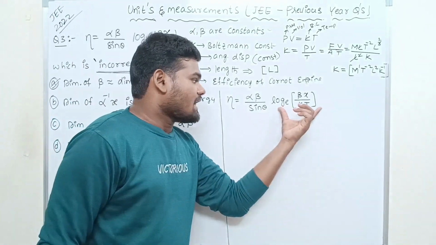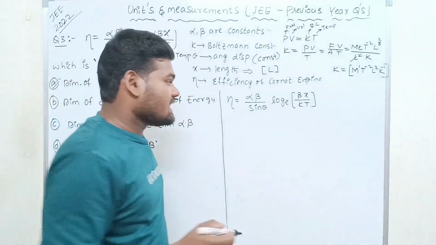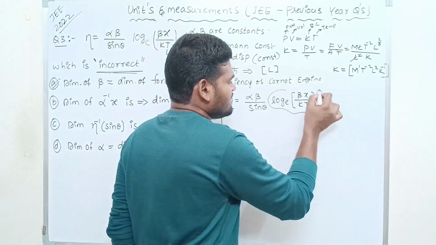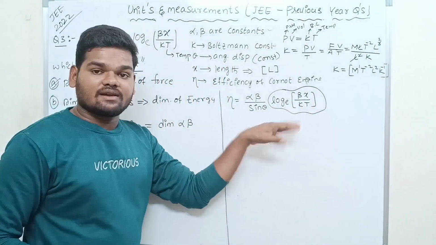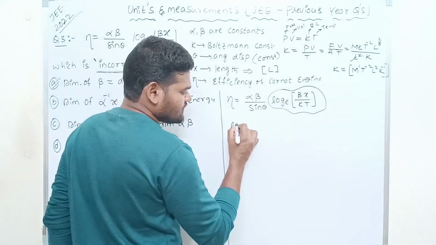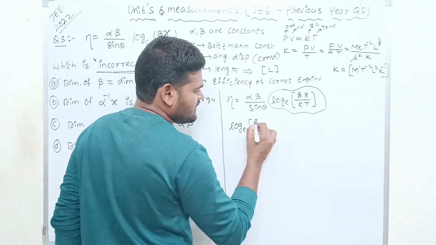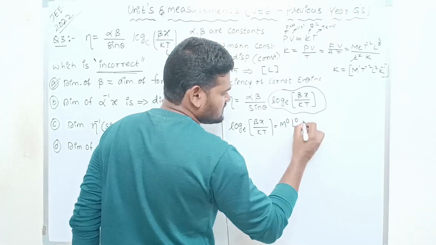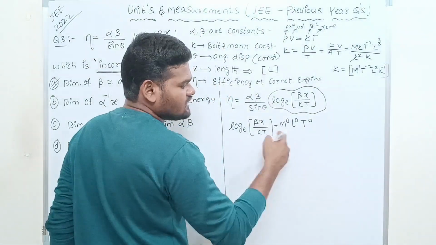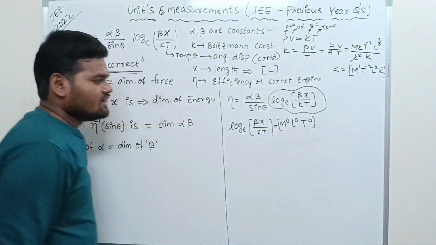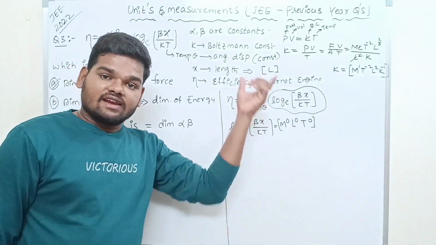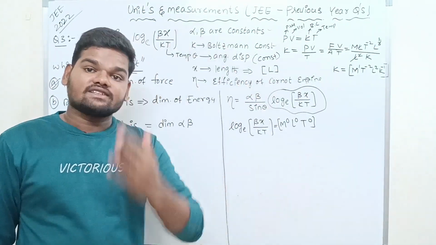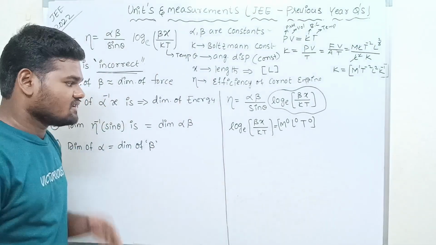Let us check. So we have to find the dimension of beta. In that lecture, I told you that whenever there is a logarithmic, sine theta or exponential term, the dimensional formula of log base e beta x by kt is equals to how much? M power 0, L power 0, T power 0. Logarithmic has no dimensional formula. Okay. If you have watched that lecture, you can easily solve this question. Otherwise, watch that lecture and come back and try to solve the questions.